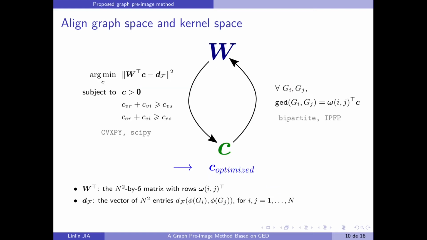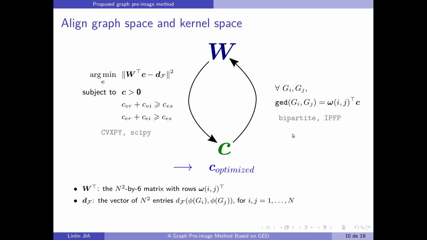We propose an alternative iterative optimization strategy. Each iteration consists of two steps. In step 1, we fix the vector c and we use heuristics to compute the GED, the edit paths, and the corresponding vector omega.